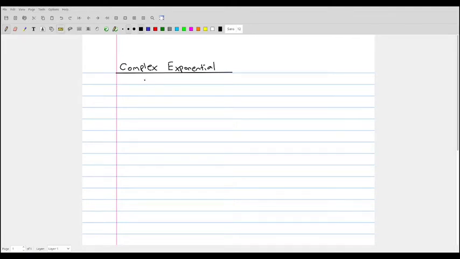So far we've seen that we can talk about complex numbers as being numbers in the 2D plane with a real component and an imaginary component.